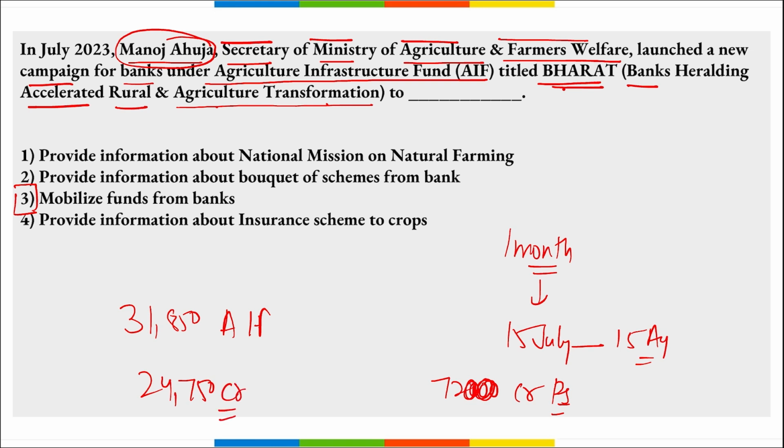Correct? Then the Ministry of Agriculture has also called upon the banks to promote 1 lakh crore rupees AIF for creation of necessary infrastructure in the farm sector. So it is to mobilize funds from banks and to start various projects in the agriculture sector.